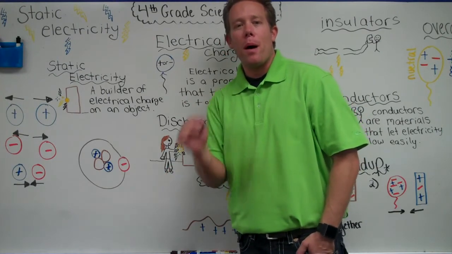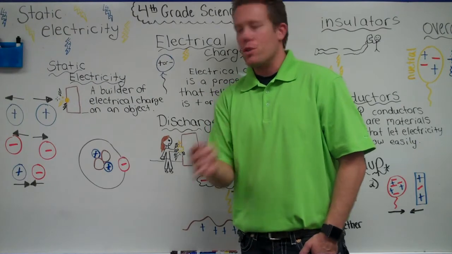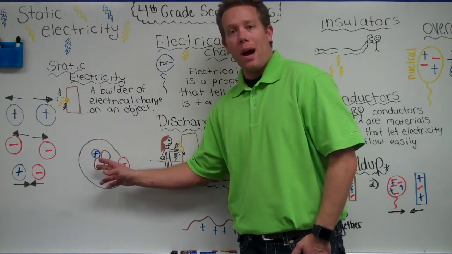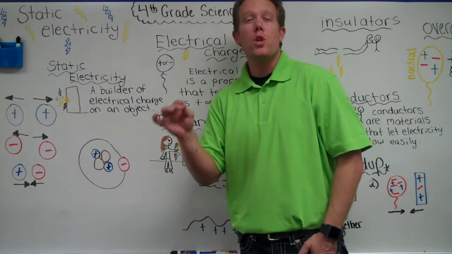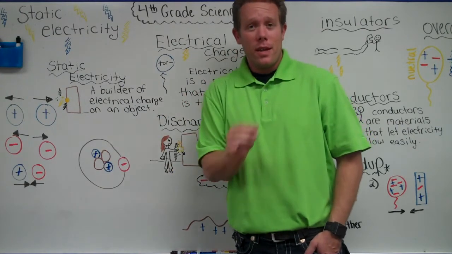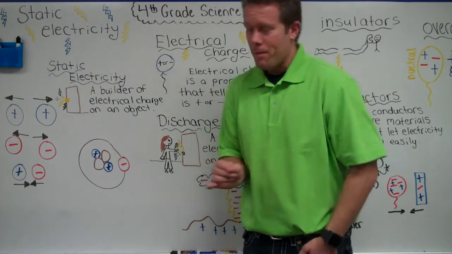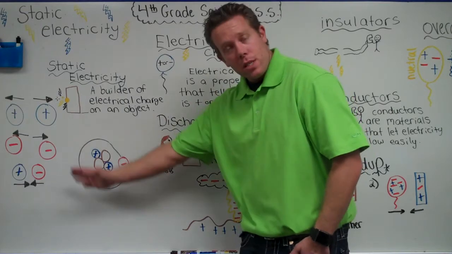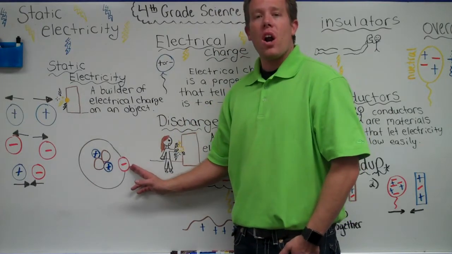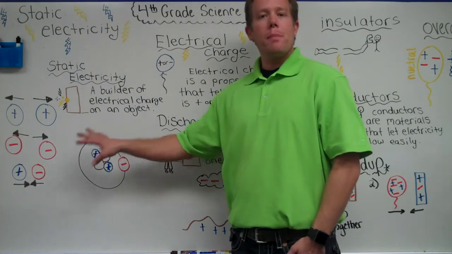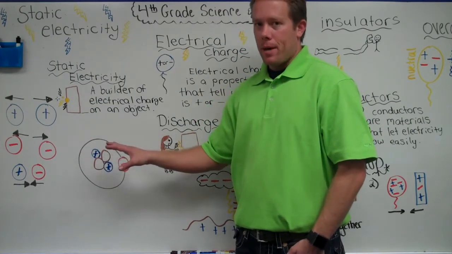Protons, positively charged. Neutrons, which are in the nucleus, are neutral. Okay, so those are the charges. The electrons, the things that fly around the nucleus, are negatively charged. So matter is made up of these atoms.